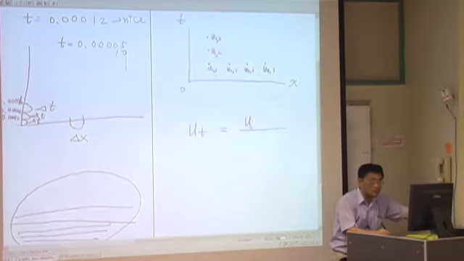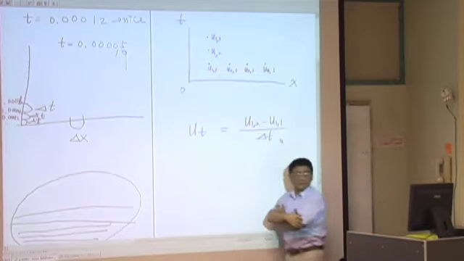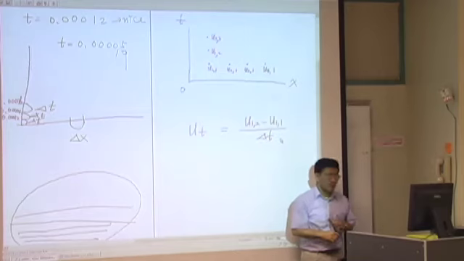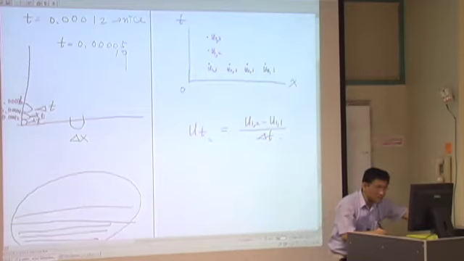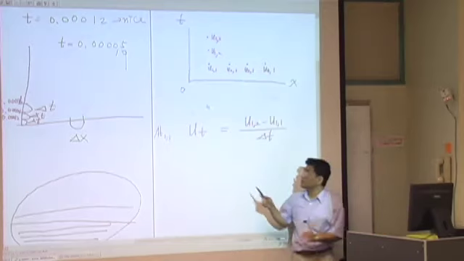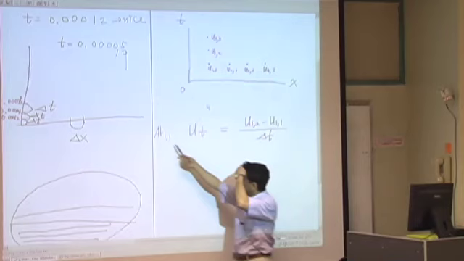So u12 minus u11 over this distance, say delta t, at point 11, right? 11 is not an actual point, it's just an index. These are indices.